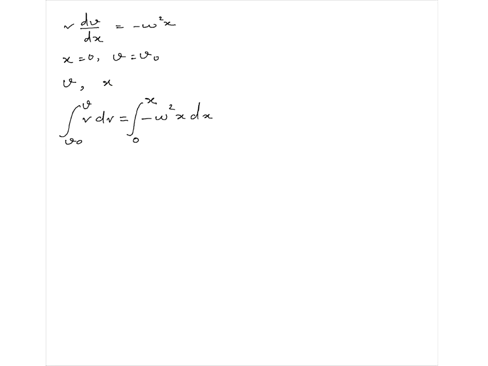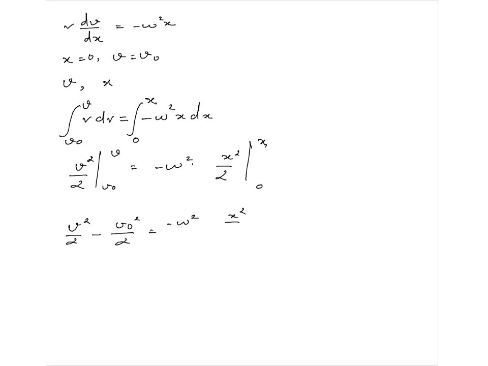Now the left side is the x to the power n pattern, x to the power n plus 1 by 2. From v naught to v, omega is a constant, minus is a constant, integral of x is x square by 2, from 0 to x. In place of v putting v, in place of v putting v naught, in place of x putting x, in place of x putting 0.